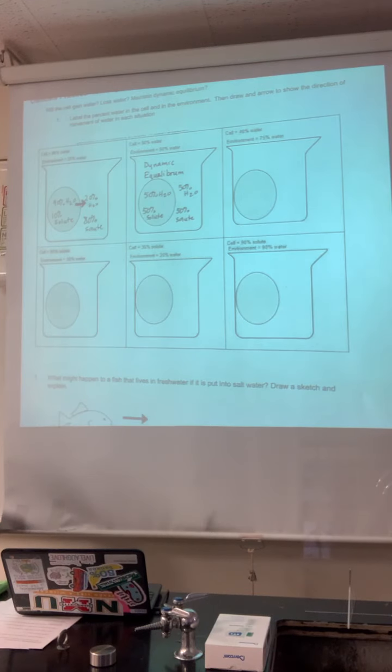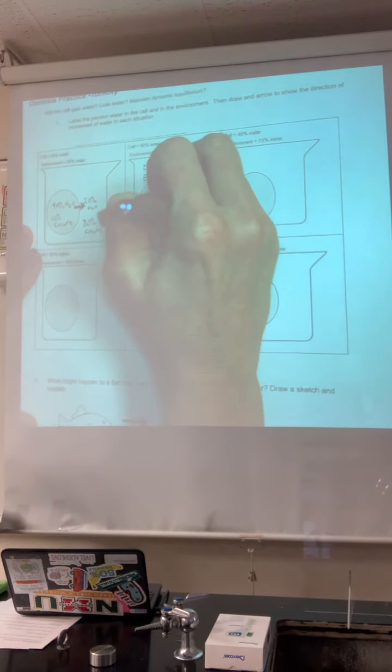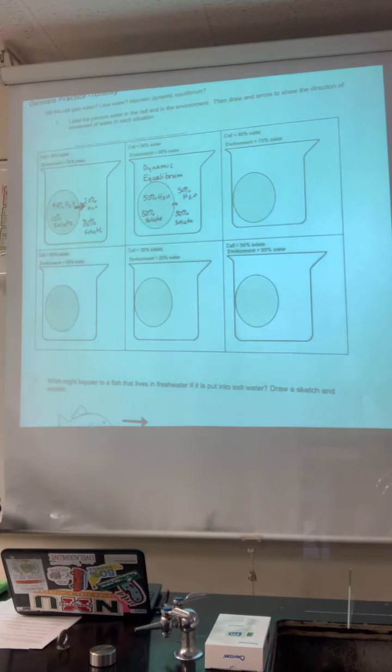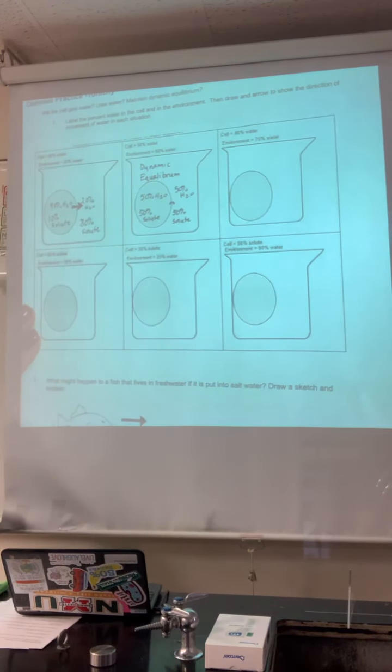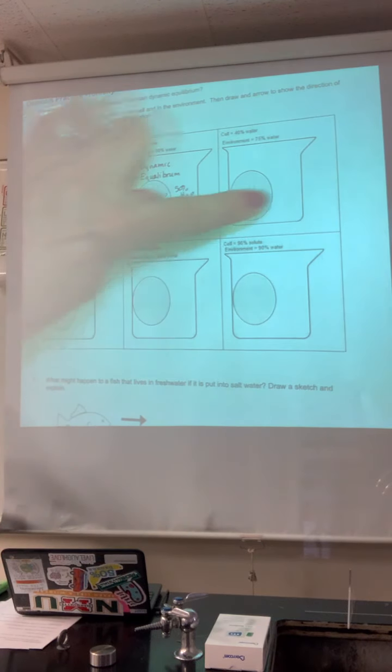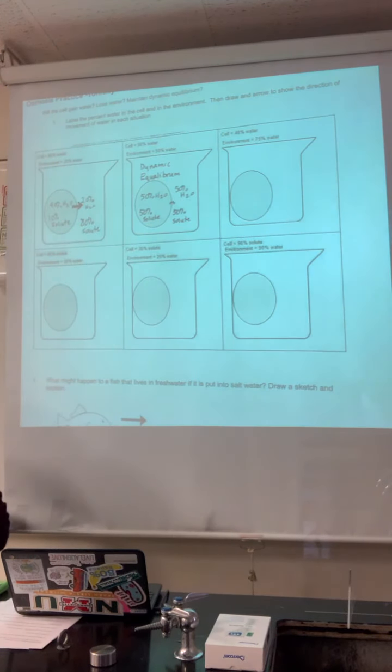So what should we do for the arrow? Make a super tiny arrow that just shows that there's movement in both directions, okay? But there's no net flow. There's not a big arrow moving into or out of the cell, okay? We're going to assign names to all of these at the end. So think about whether they are hypertonic, hypotonic, or isotonic.